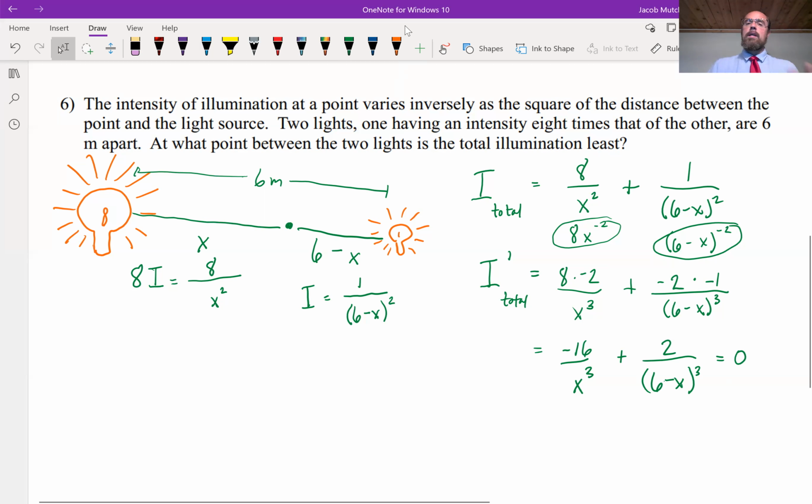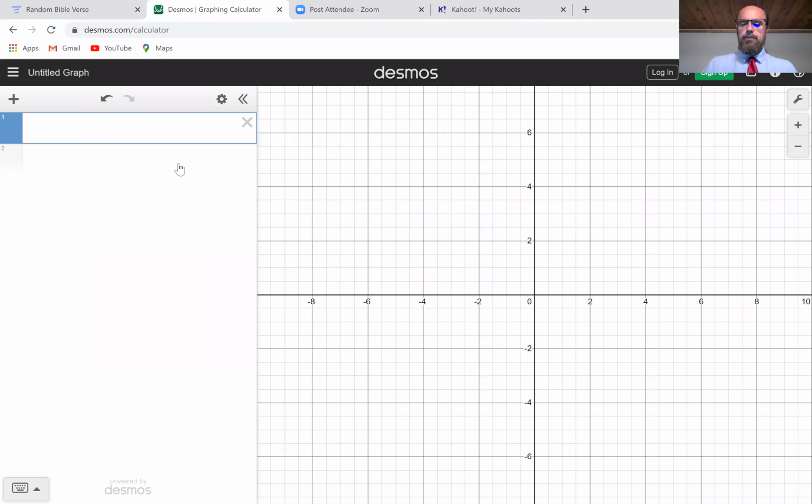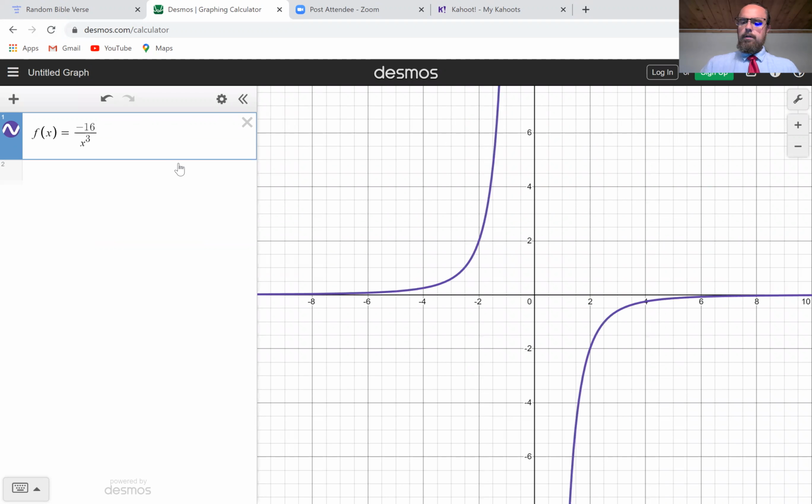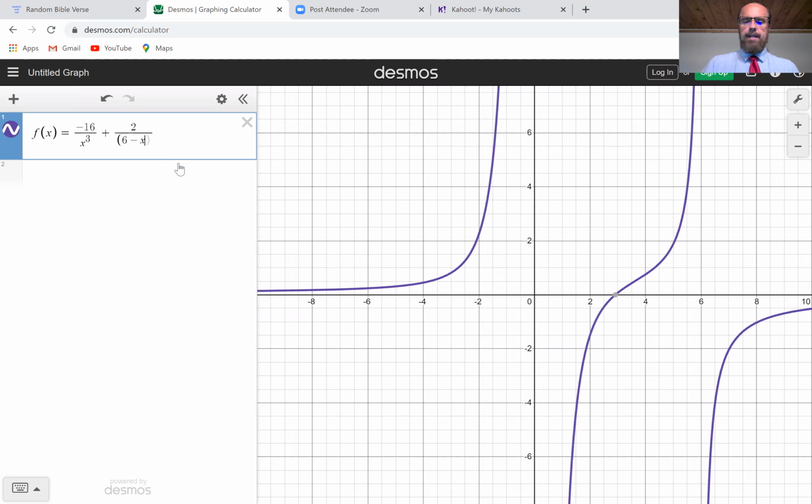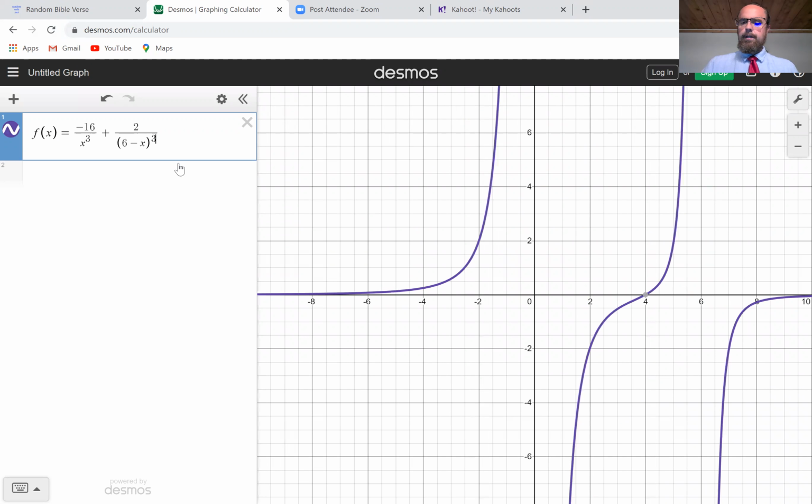So just to show again what other tools we've got in our mathematical toolbox, I'm going to go over to the graphing calculator, and I'm going to plug that derivative function in just as we wrote it. So -16 over x cubed plus 2 over 6 minus x cubed. And it's a lot easier just to read off of the graph where it equals 0.